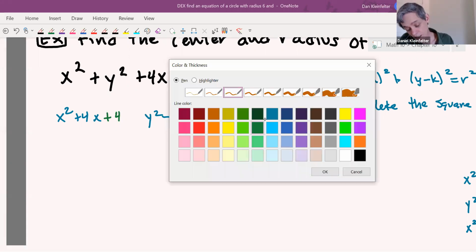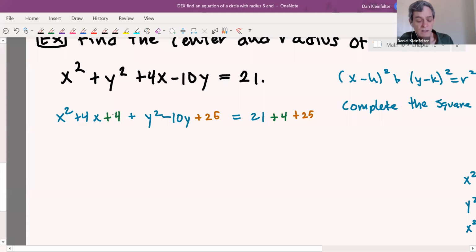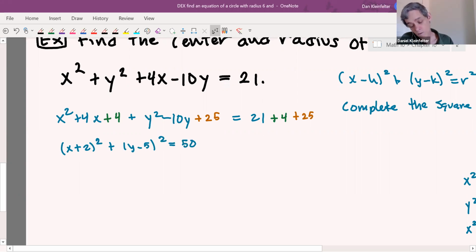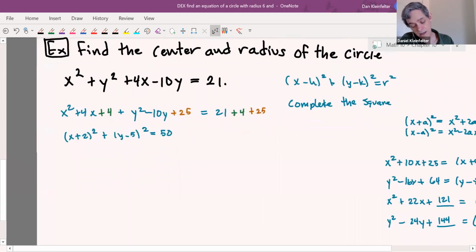Once you've gotten that far, you've got a pair of perfect square trinomials that factor easily. We'll have (x + 2)² and then (y - 5)². On the right side, let's add all that up. That's 25 plus 25, which is 50. What we want to know is the center and radius.